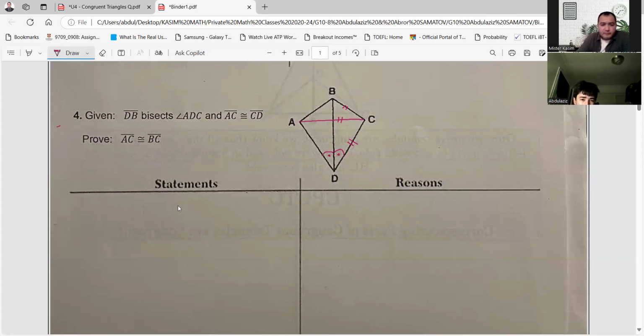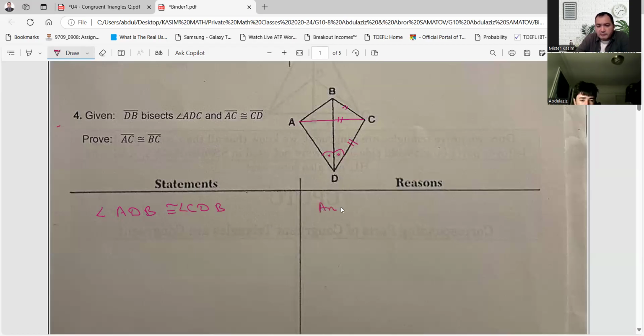First, let me write here: angle ADB is congruent to angle CDB. Why?